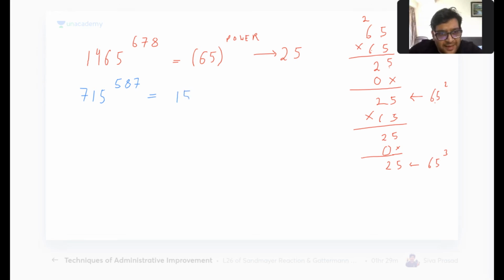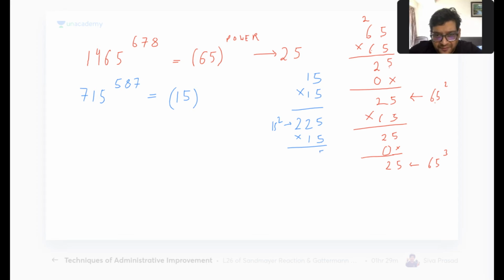We will check for the base as 15 and then we will try and find out the pattern for this. So 15 into 15, that I kind of remember the square is 225. So this is 15 square. Now let's multiply this with 15.